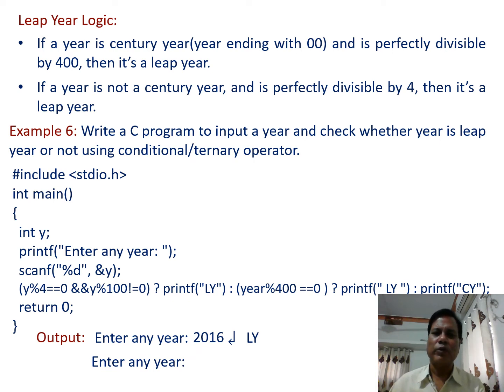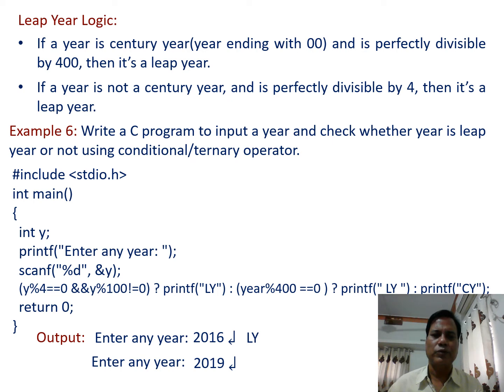When this program is run a second time and suppose we enter 2019, if we divide this by 100, we do not get 0. This condition is true, that is, it is not a century year. But this number is not divisible by 4, that is, we do not get the remainder 0. So this condition is false.